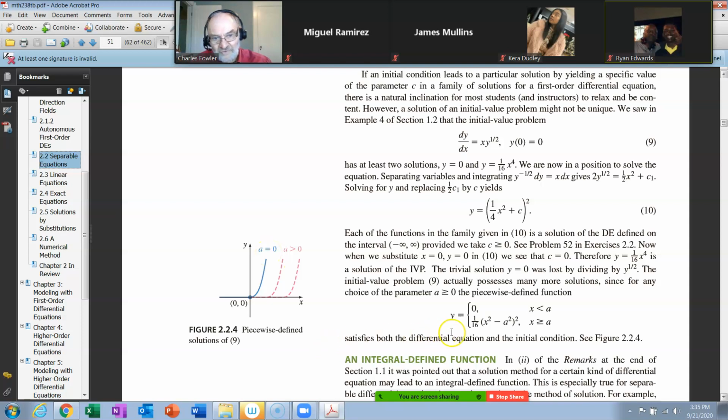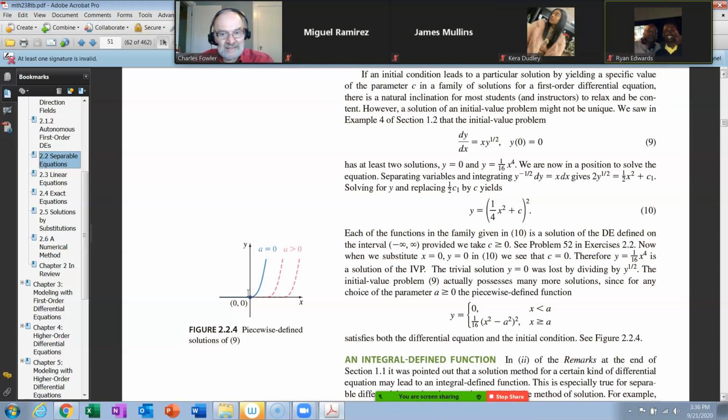That's that quartic solution right there. But for any x greater than a, you can then move that to the right a squared units, and you still have that solution. Okay? So it solves the differential equation and the initial value problem.